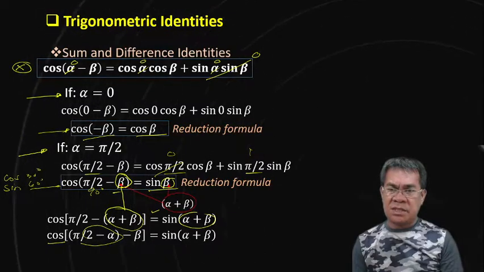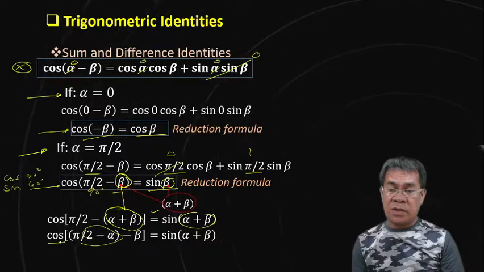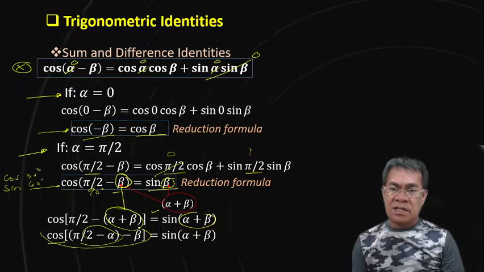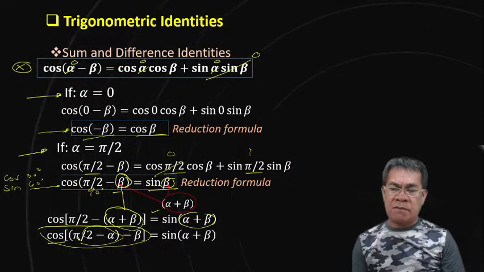So you can imagine that this is alpha. Cos, cos, sin, sin. So we will apply the difference identity on the left element, then copy this one. So the cosine of pi over 2 minus alpha times the cosine of beta, because it's minus, it should be added by the sine of this angle times the sine of the angle beta.